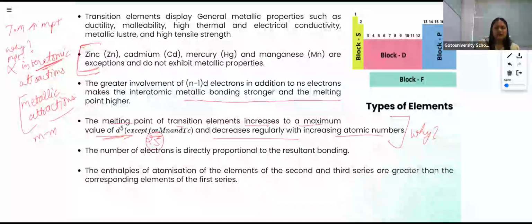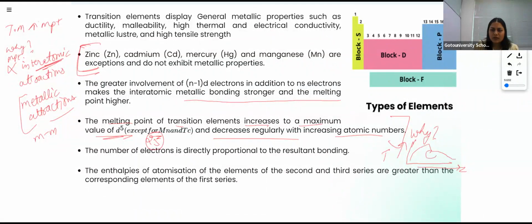It is like, on this side we have atomic numbers, on this side we have temperature. For some atoms it is increasing, but for manganese it drops, or dips, and then it starts decreasing.